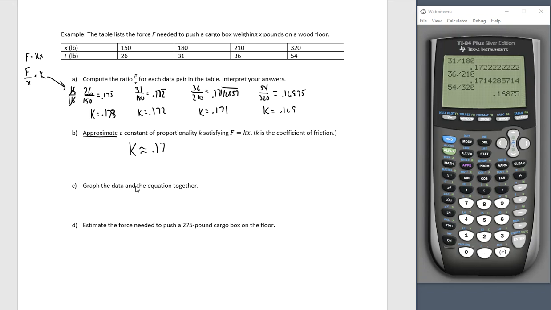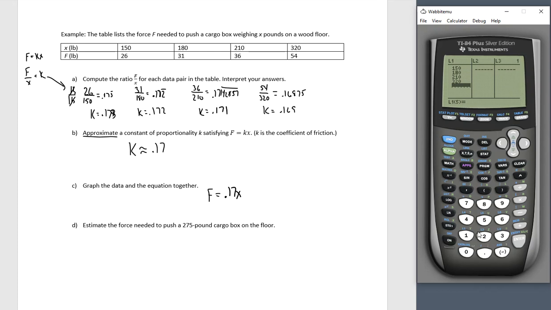Okay, so I want to graph the data and the equation together. And what would my equation be? My equation would be 0.17x. In order to do so, we go to stats and edit. My list 1 will be my x values: 150, 180, 210, and 320.